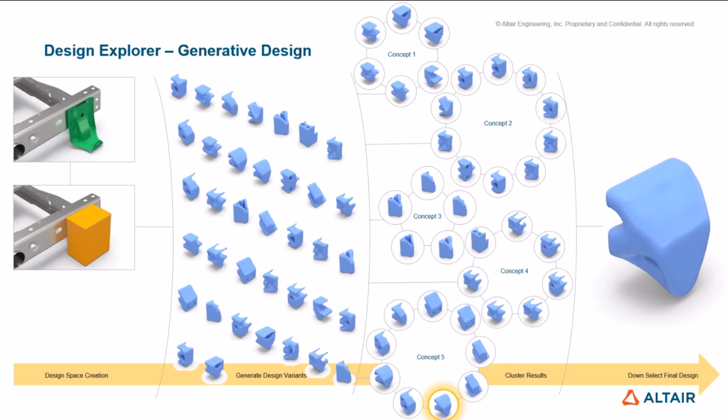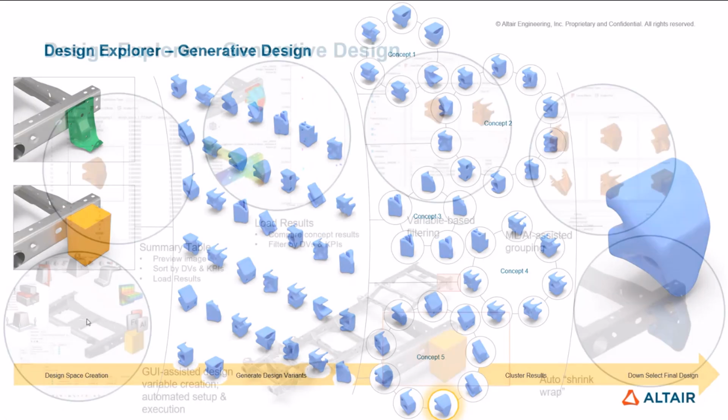So it gives you many more concepts or variants to explore. The workflow also has tools, including in the third column here, illustrating artificial intelligence-based concept clustering to help you review, filter, and group the concepts for further investigation and down selection. So that's a quick word about the workflow itself.